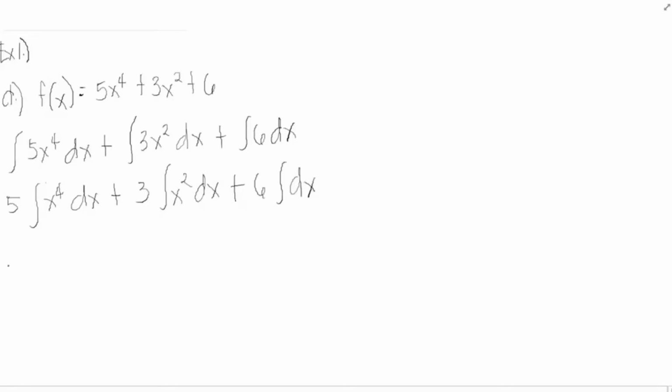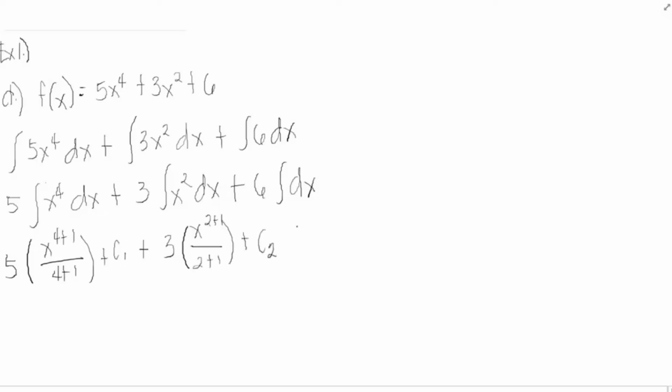So, dito, we have 5, and then, power rule, we have x 4 plus 1 over 4 plus 1 plus c1. Diba? Kasi in-integrate natin sila separately. So, this will be c1 since this is the first term. And then, plus 3 times the power rule ulit, x raised to 2 plus 1 over 2 plus 1 plus c2.